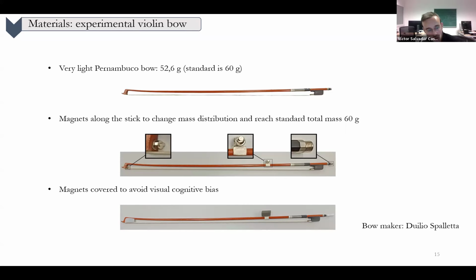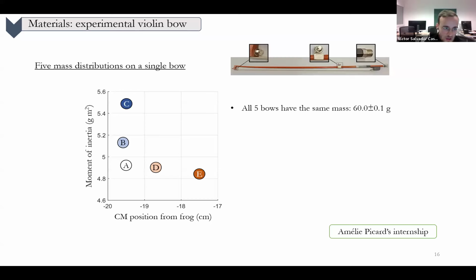Okay, so with this bow, we managed to design, along with Amélie Picard during her internship, 5 mass distributions that all shared the same total mass of the bow. So all of them are different mass distributions, but with the same total bow mass.